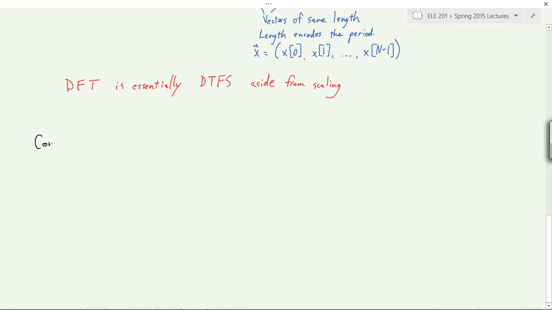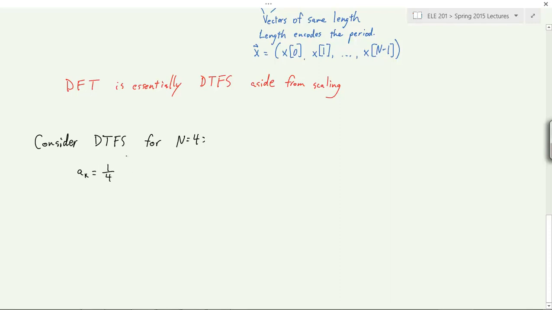Let's consider the discrete time Fourier series for a special case of just length 4, period of length 4. All right. Now, we have our formula, which I'll repeat here. Here's how you calculate the coefficients.